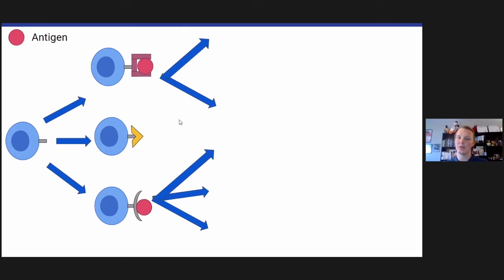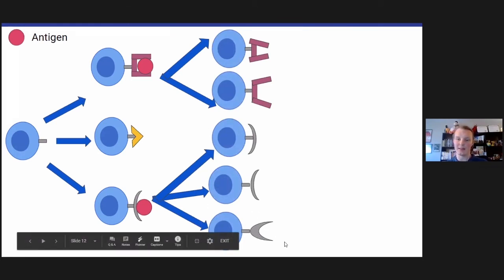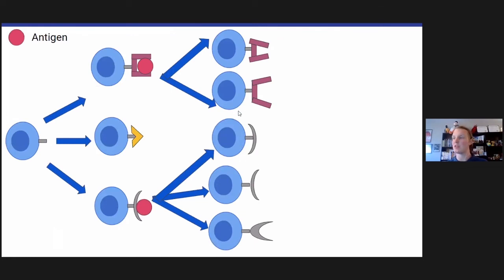So maybe this top one only gets to have 2, and the bottom one gets to have 3. And then when they have offspring, they mutate themselves just a little bit on purpose to see if they can get even better, right? And sometimes that works out well. Sometimes you get an even better fit, like this one on the bottom. But sometimes it gets worse because it's just kind of a random process.